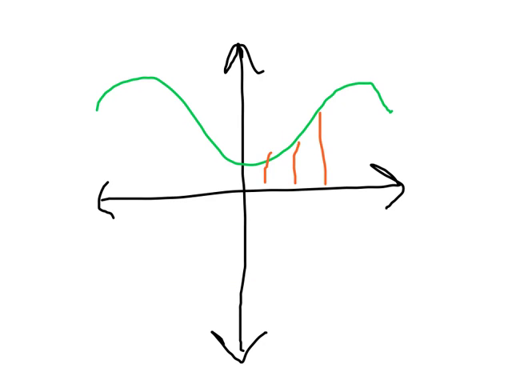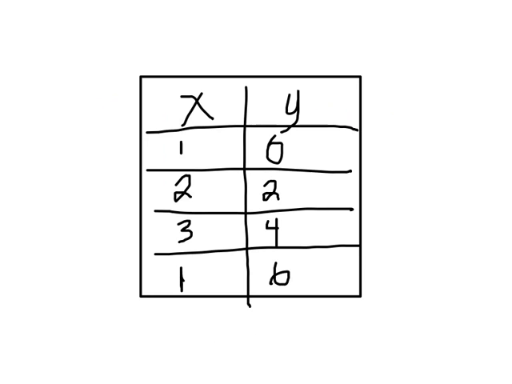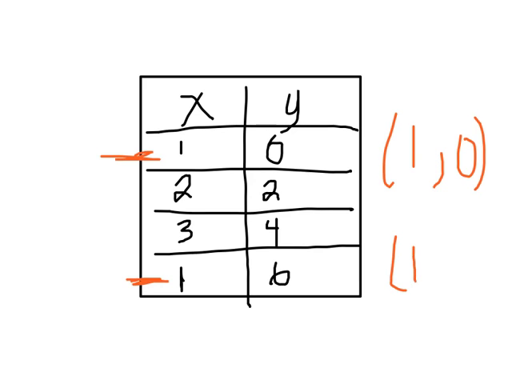Yes, every x value will just have one y value. Is this a function? No, because when x is 1, y could equal either 0 or 6, so your 1 x value has two y values. Go ahead and finish up the rest of the worksheet independently.